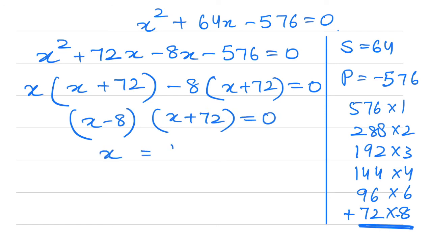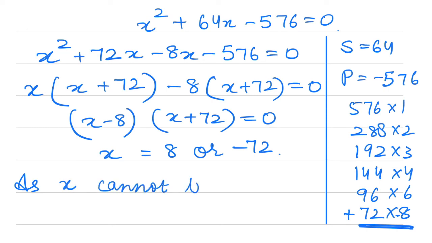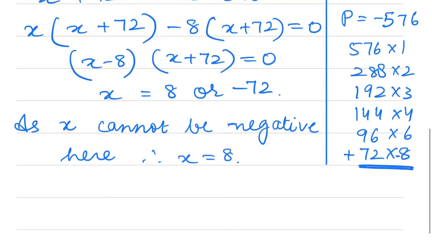So x is equal to 8 or minus 72. So as x cannot be negative here, therefore x is equal to 8.